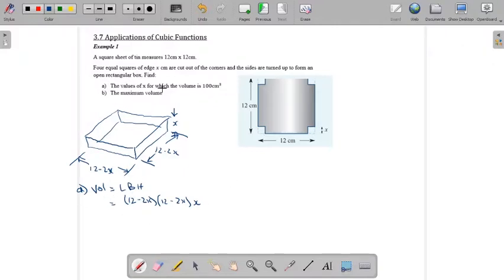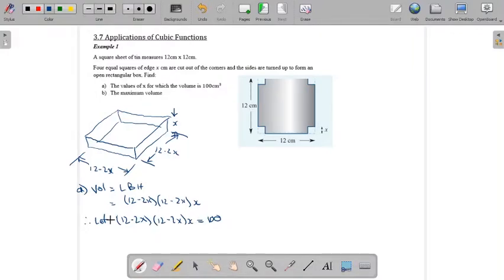We know that the volume is 100 cubic centimetres, so we need to let this expression for the volume equal 100, and then solve for x.